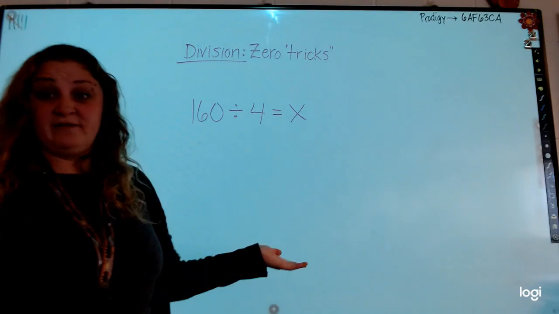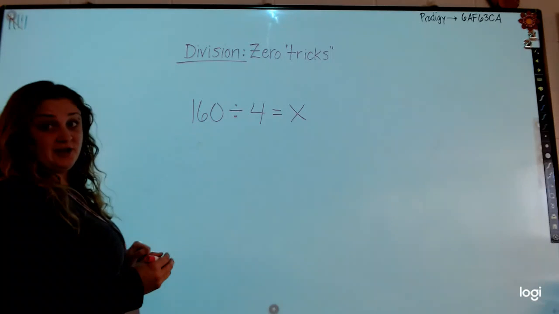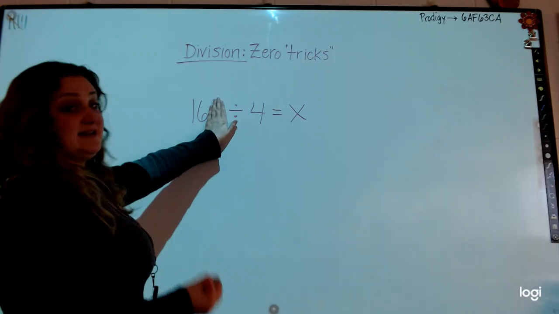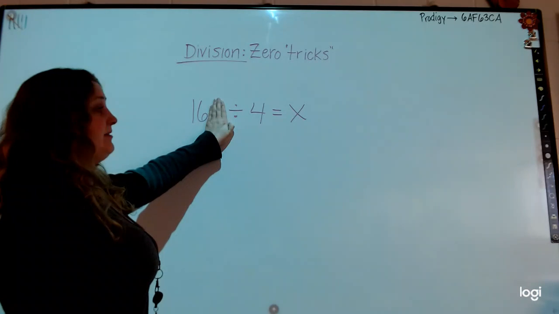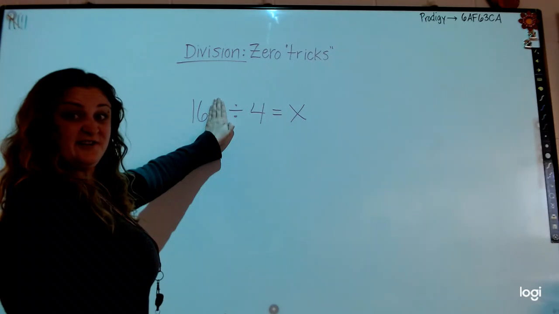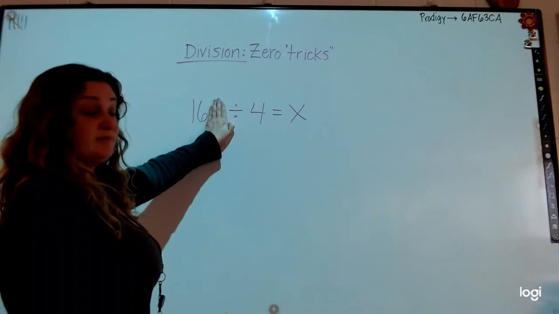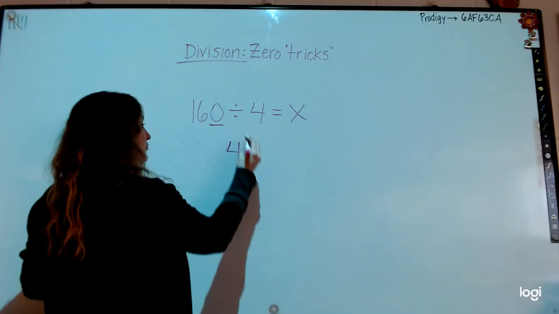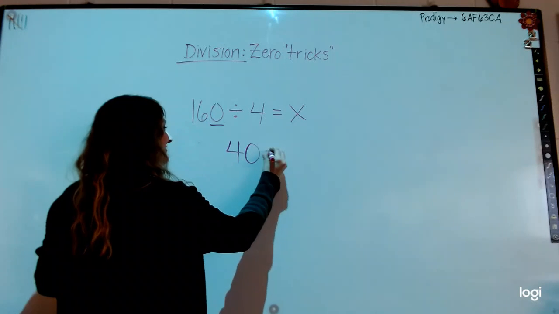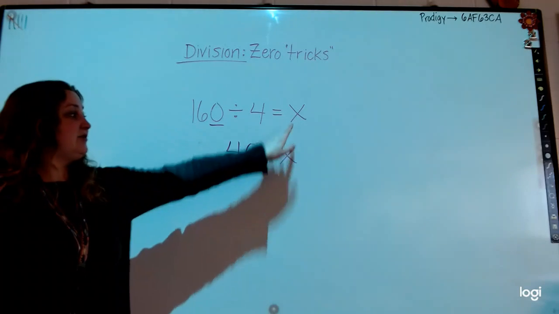So we just need to solve the equation. You're going to apply the same things I just taught you, so we can cover up that 0, right? 16 divided by 4, is that a problem that we can do better than 160 divided by 4? 16 divided by 4 would be 4. And I did underline 1 0, so I have to add that on. So I know the x that would go here would be 40.